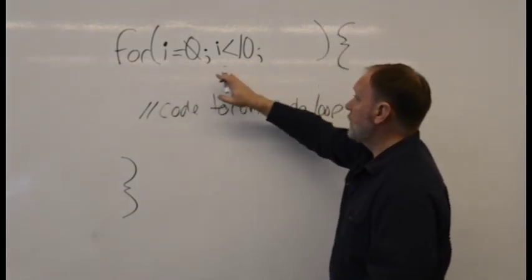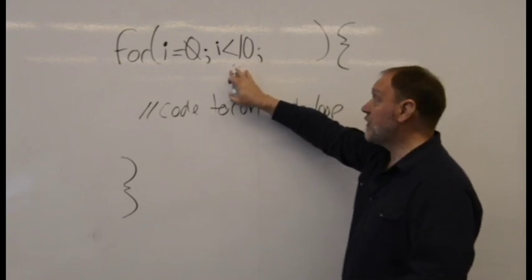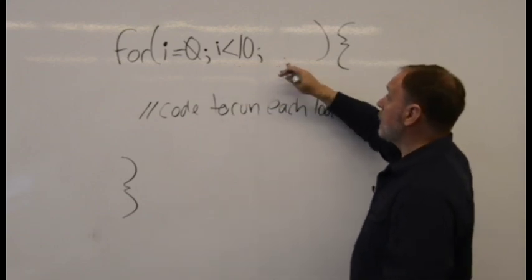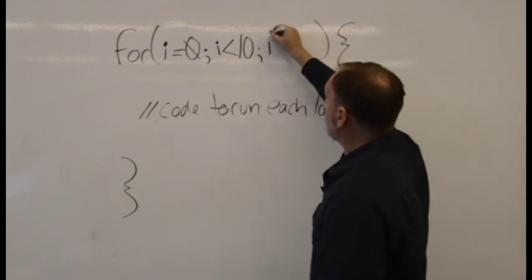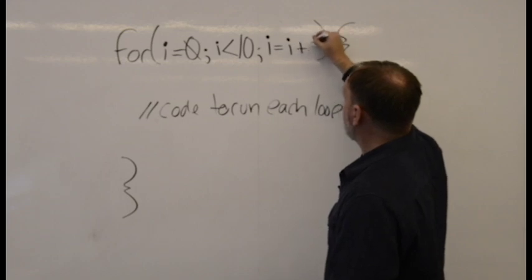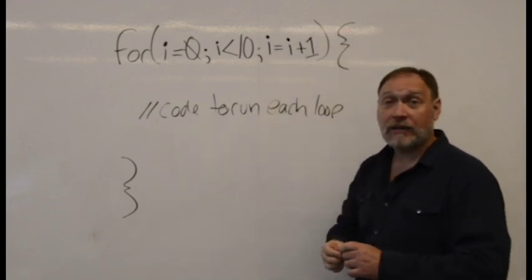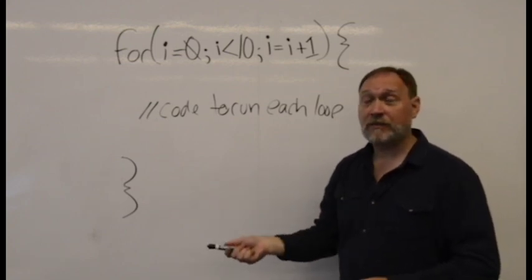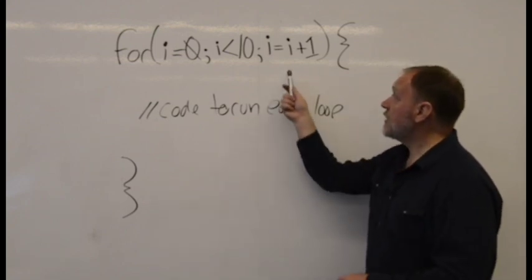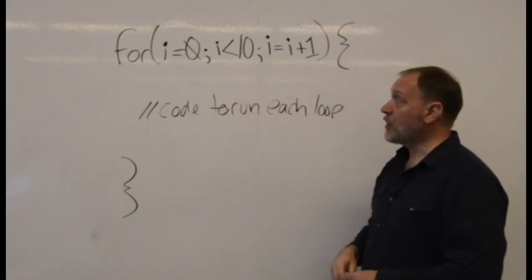Starting point, running condition. You can think of it as a mini if statement. And then the third part, i equals i plus 1. If we didn't change the value of i, the loop would run forever. So the third part is what's going to change the value of i after the loop runs.